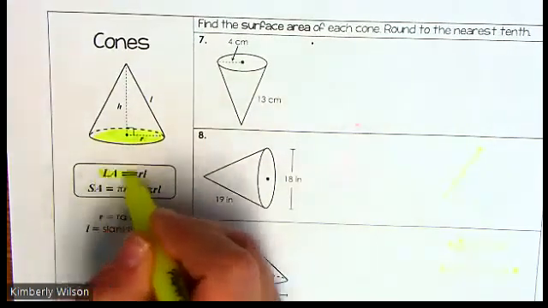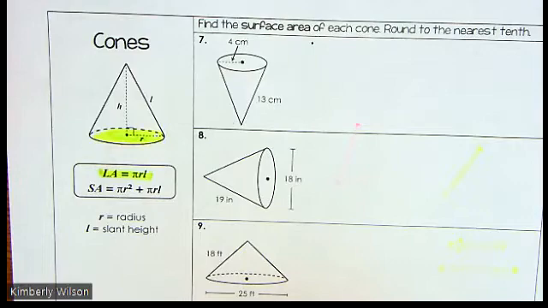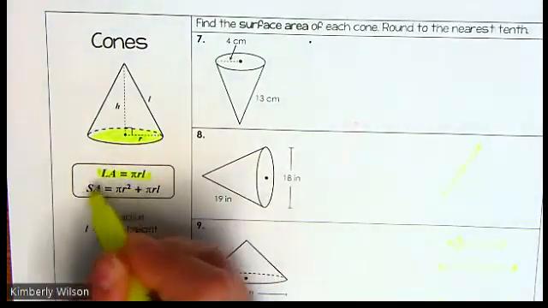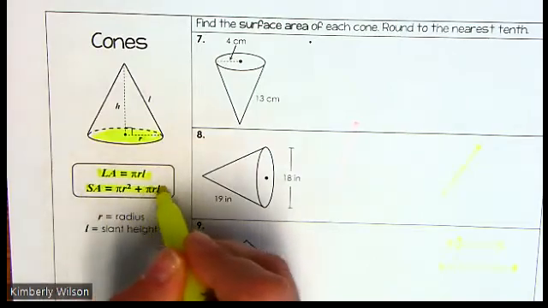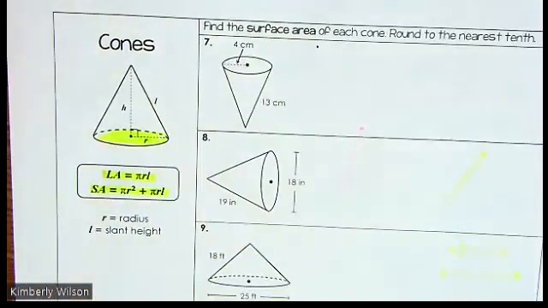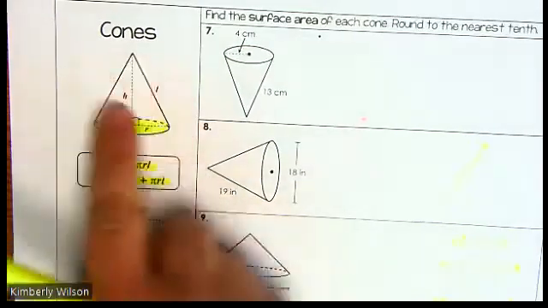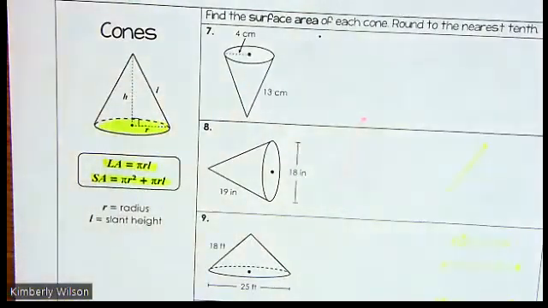All right, so for our lateral, we do pi r L. And then our formula is pi r squared plus pi r L. There we go. So we just plug into our formulas, but we're doing the base plus the lateral. So here we go.